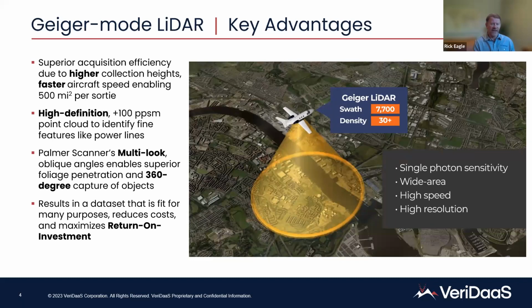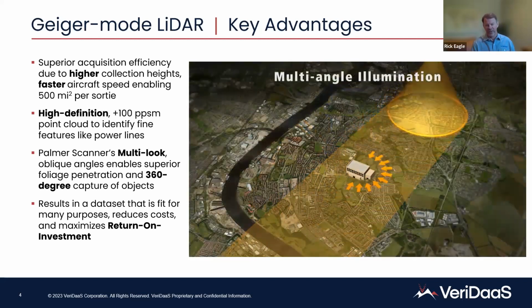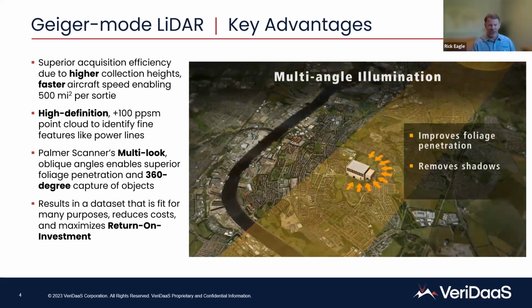The other unique thing about the way the Geiger-mode system works, the one that we purchased from L3Harris, is that we get this multi-look, the way the laser moves around this cylindrical cone that you see here on the screen. What that enables us to do is it sort of paints the sides of all the buildings. It helps us get great foliage penetration by getting a lot of different look angles.